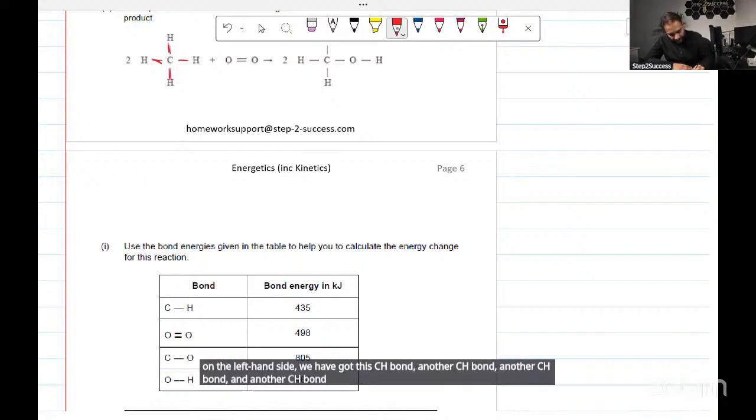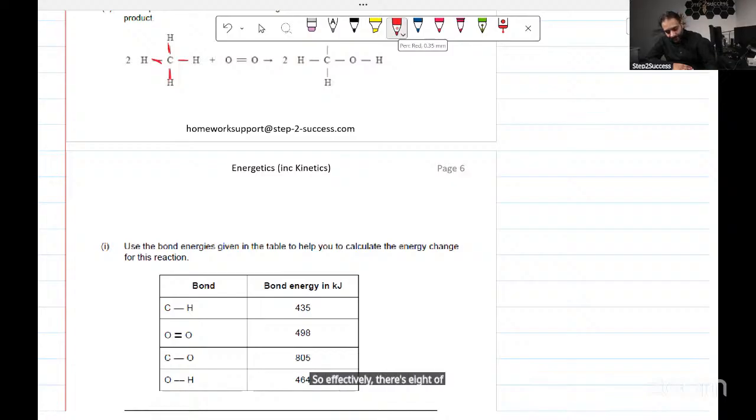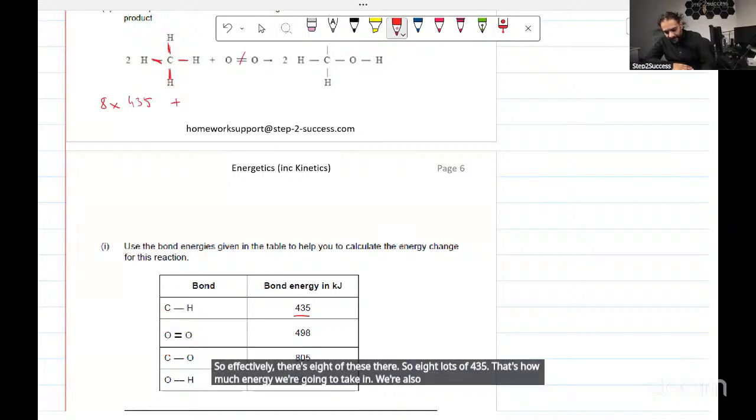So there's four of these. But there is also a two here to show that imagine this diagram was drawn twice. So effectively, there's eight of these there. So eight lots of 435. That's how much energy we're going to take in. We're also going to take in enough to break this OO bond, which is worth 498.